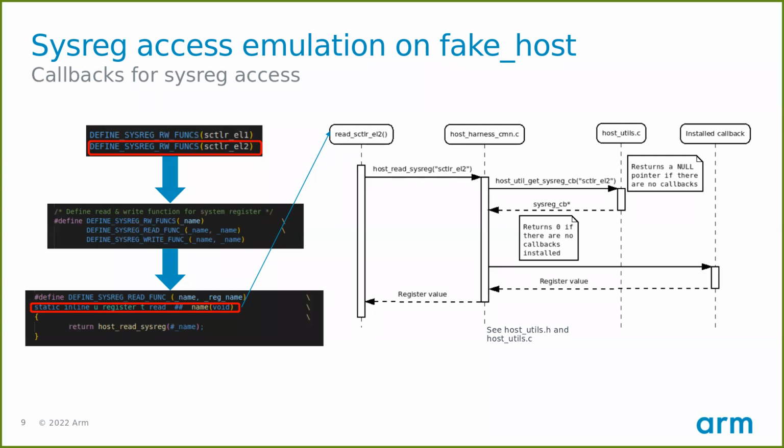Then when the TF-RMM API get my CPU ID is called, what we do is read the SCTLR EL2 register, which will give us the value that we saved before as a CPU ID. Another use that we have for this.